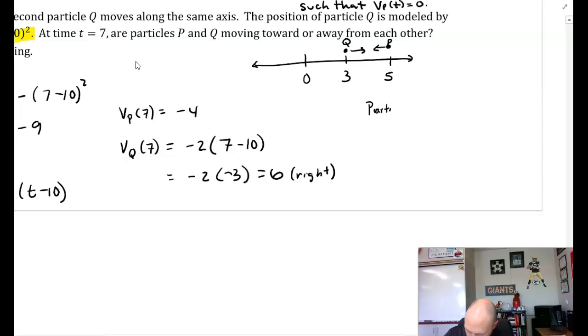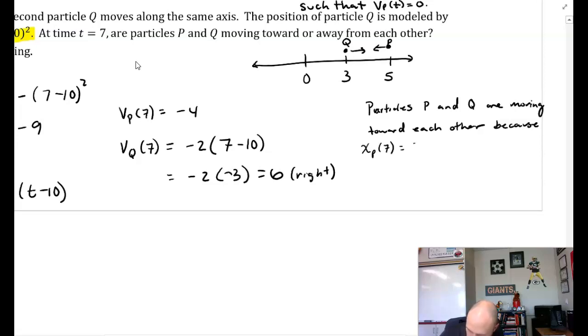Okay, so we can go ahead and say, particles p and q are moving toward each other because x sub p of 7 is equal to 5, and x sub q of 7 is equal to 3.